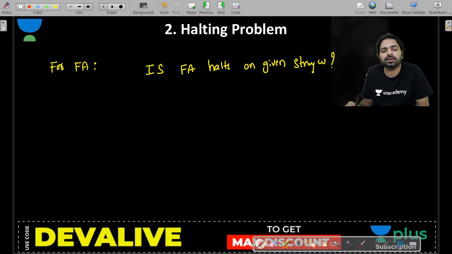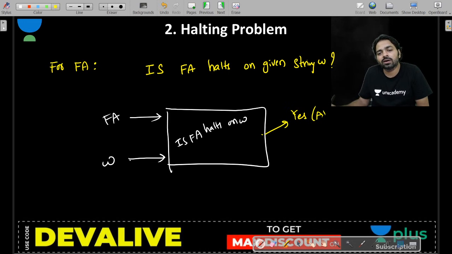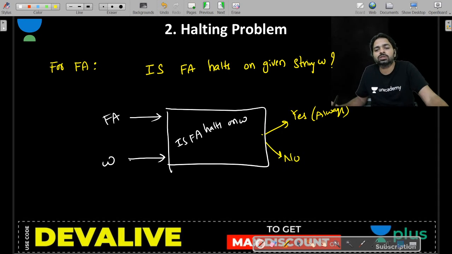If you give me any finite automata and you ask me any string W, it should always halt. Does the finite automata halt on W? Yes, you have to say always. The answer is yes. It never happens otherwise. So it is a trivial question for us.